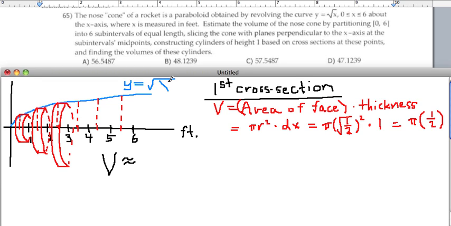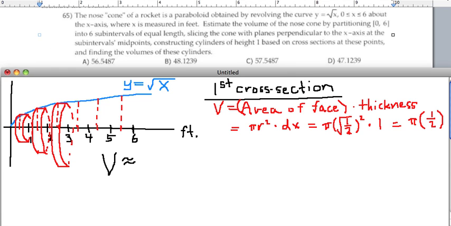So it says we're taking this region here in the xy plane, revolving around the x-axis from x equals 0 to x equals 6, and we'll have a three-dimensional figure, and we're trying to estimate the volume by partitioning it into six subintervals of equal length. So anyway, I drew the first few cross sections. You could draw the next few if you like to. I didn't need to do that. Just wanted to show you.